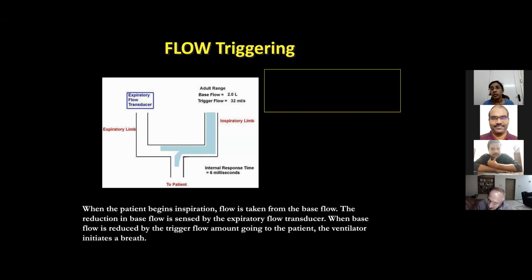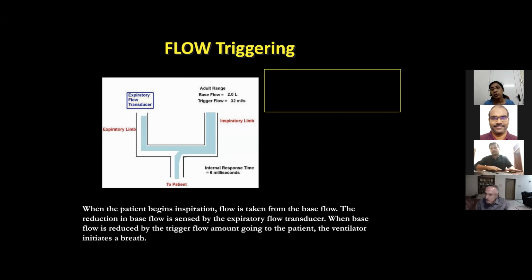There also the setting has to be done in liters. That should be 1 to 2 liters per minute. But this happens only for a very small time. We are setting it per minute, but this happens for only 6 milliseconds. So a very small amount goes. When we set 2 liters, don't expect 2 liters to go in.